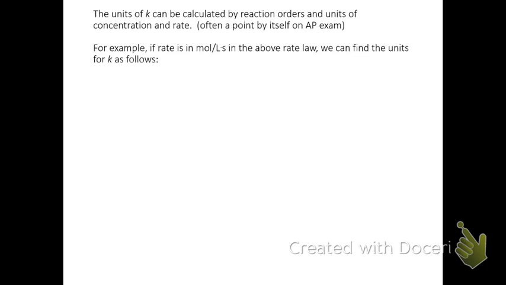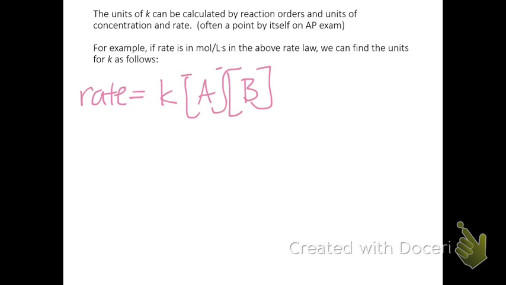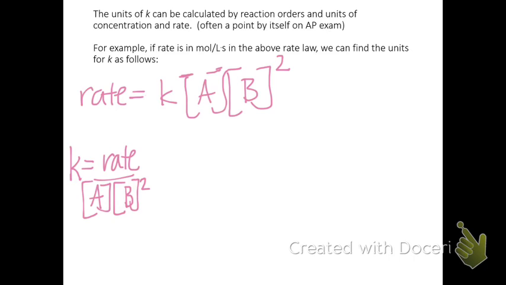We had rate is equal to k, and then we had first order A, and then B was second order. So that means that k is going to look like this: rate over A to the first and B to the second.